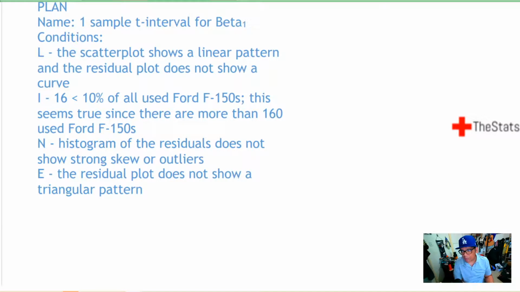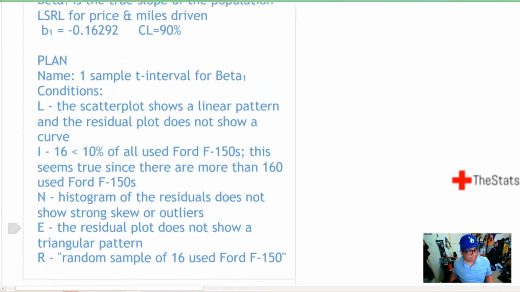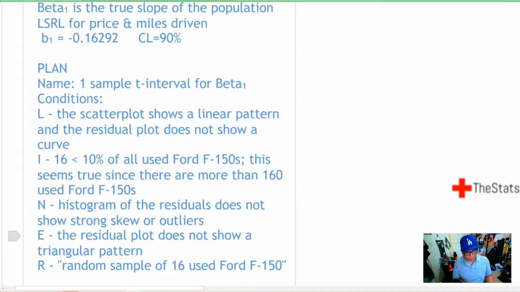Lastly, R for random. If you remember, the problem said that we had a random sample of 16 used Ford F-150s. Now I'm putting that in quotes because that comes directly from the problem. So that's the end of the plan part. Remember that your ticket for remembering all of those conditions, and that's a lot of them, is the word LINER. Let's get to the do part.